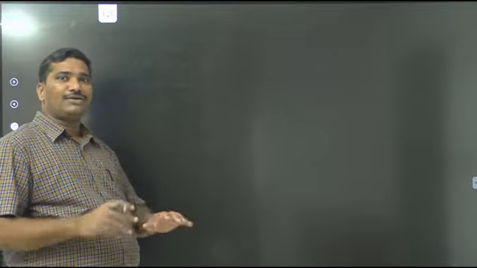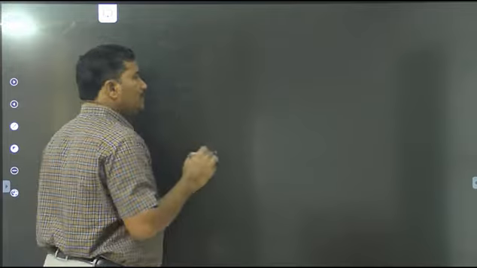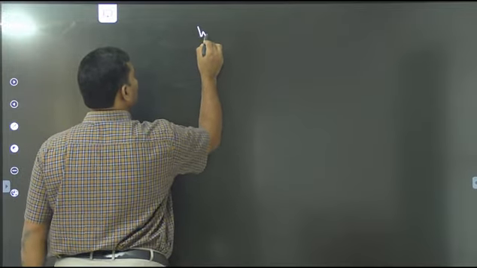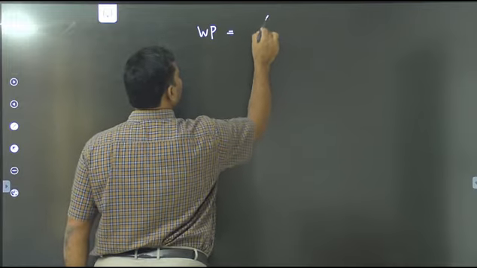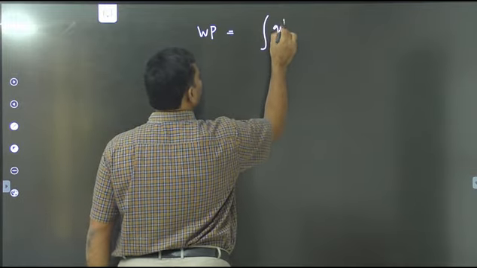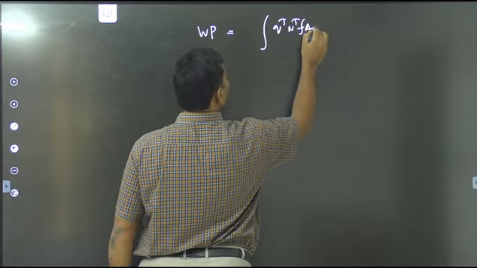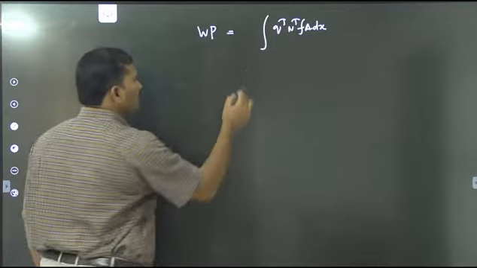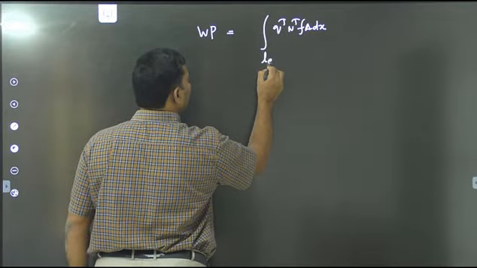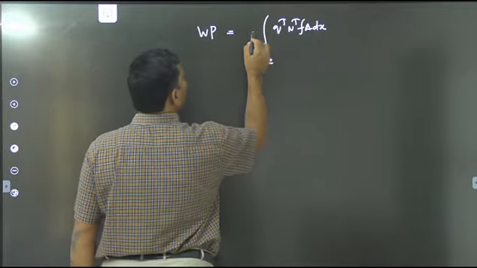For each element, the work done by the body force F equals integral of Q transpose into N transpose into Fa into dx, integral over the length of the element. Work done by the body force is negative.